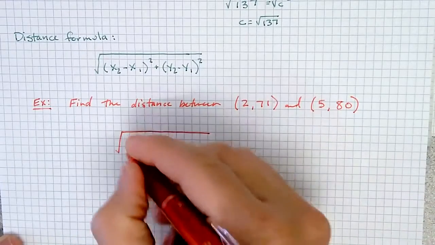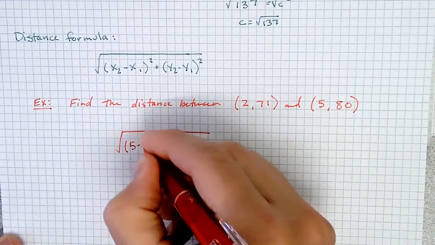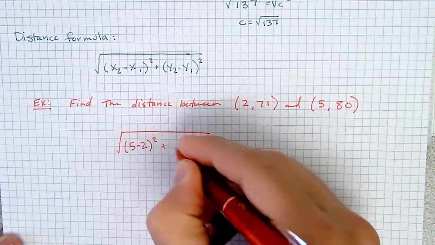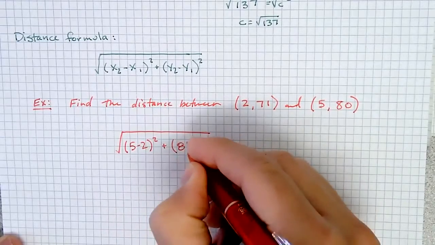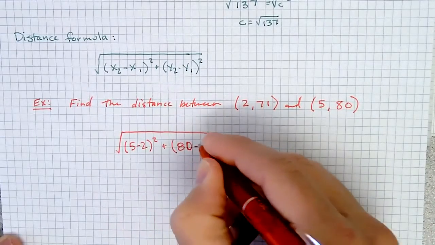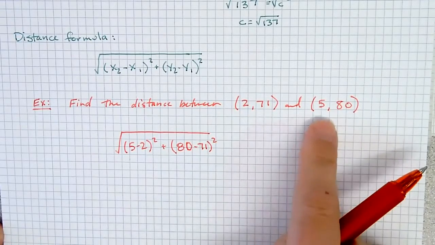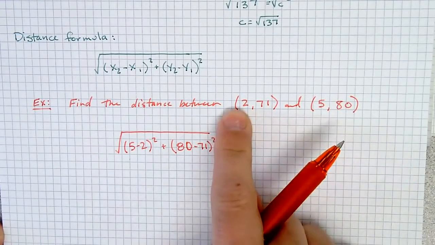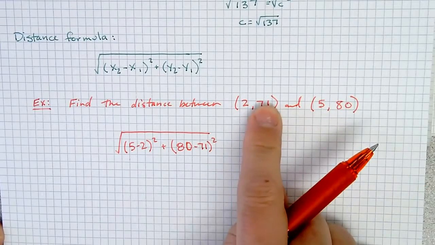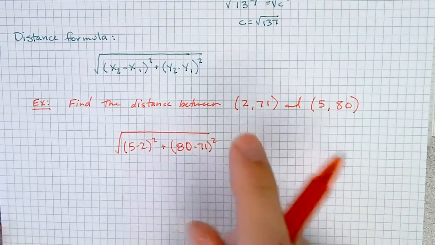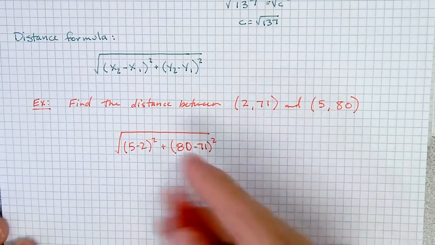Difference of our x values, so we get 5 minus 2 squared, plus the difference of our y values. So just x2 minus x1 and y2 minus y1. Square them and take the square root.